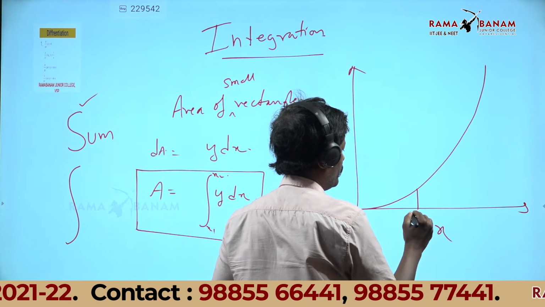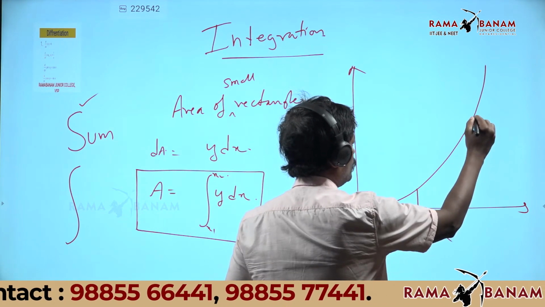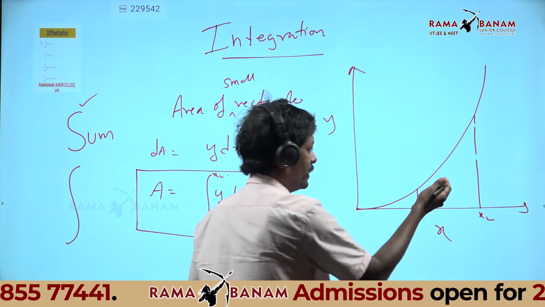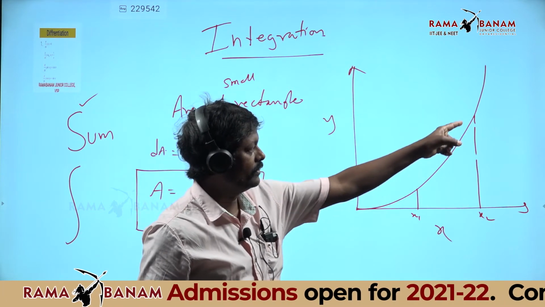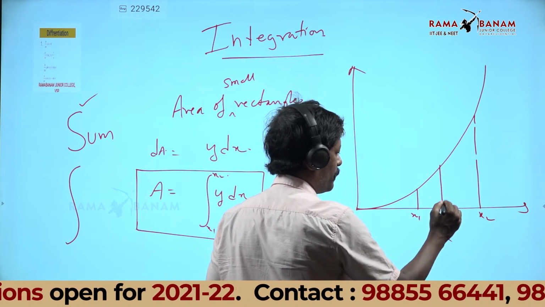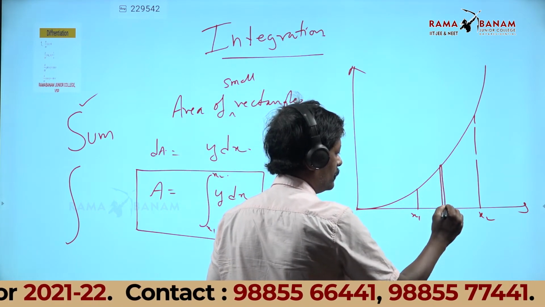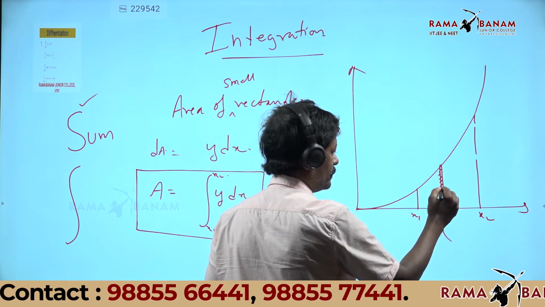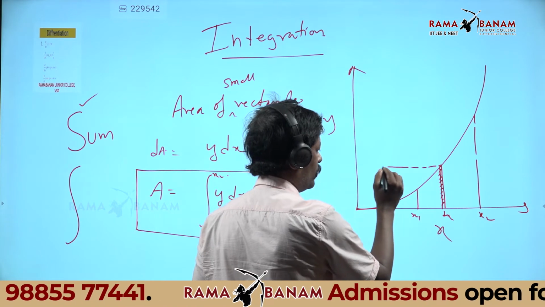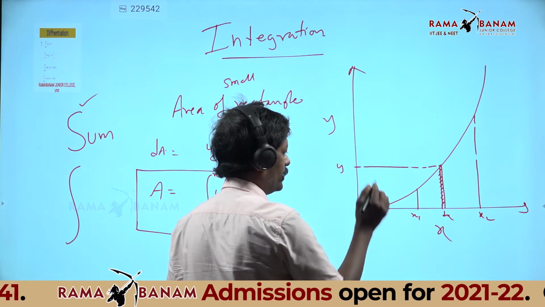I am taking from x1 to x2. I want the area. It's not a trapezium because it's a curve here. So I have to choose a small strip here. This is your dx and this is your y. Don't write y1, y2 and all that.